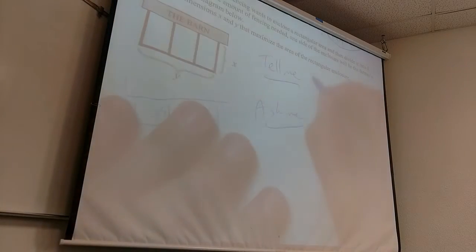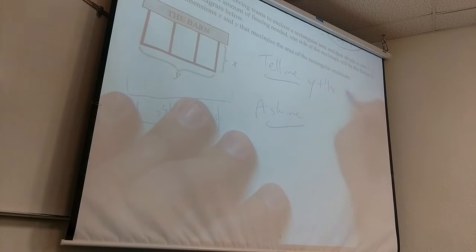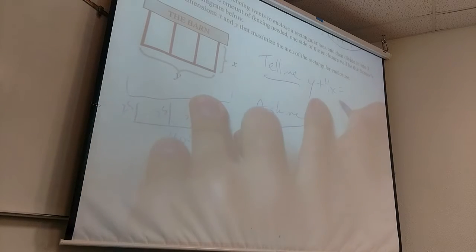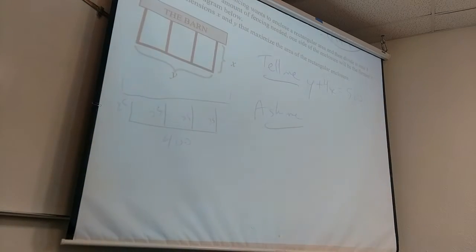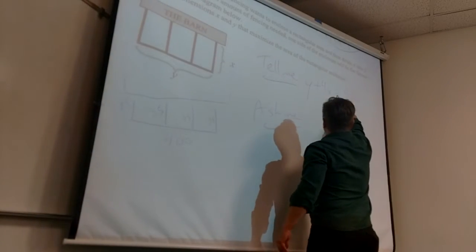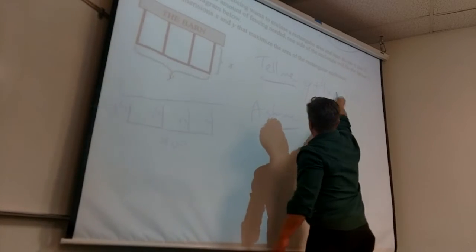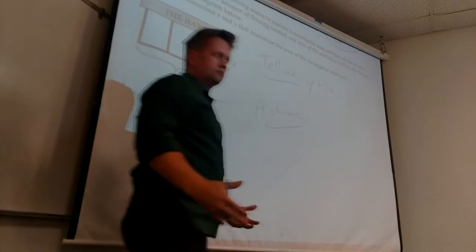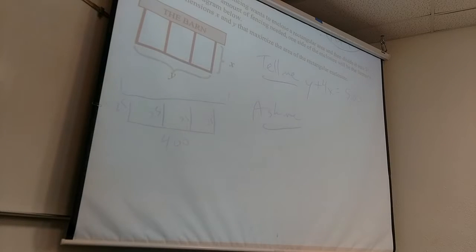So I've got to put up this wall and these 4 walls, and together they have to equal 500 if I want to use all the fencing, right? So it's sort of like perimeter, except I've got to include the middle because I have to put an actual fence there. So I'm going to use the 500 feet of fencing to set up this wall and these walls. That's what they tell you.